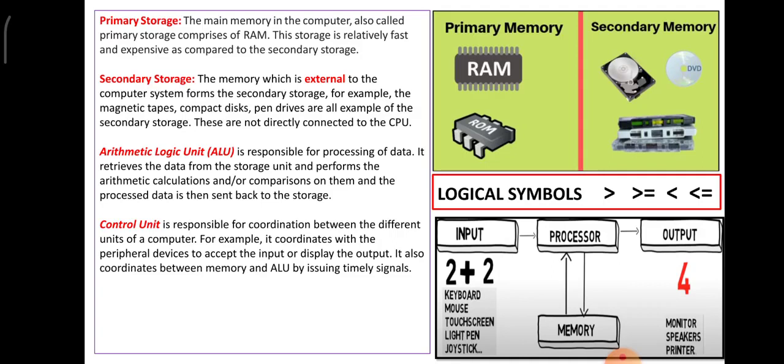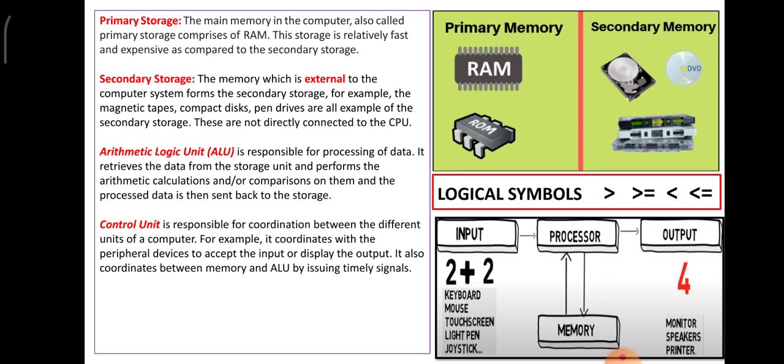If it is A less than B, say 2 less than 3, it becomes a logical operation. So the processor will check whether an arithmetic or a logical activity is coming. In this case it is arithmetic, so it immediately performs the 2 plus 2.